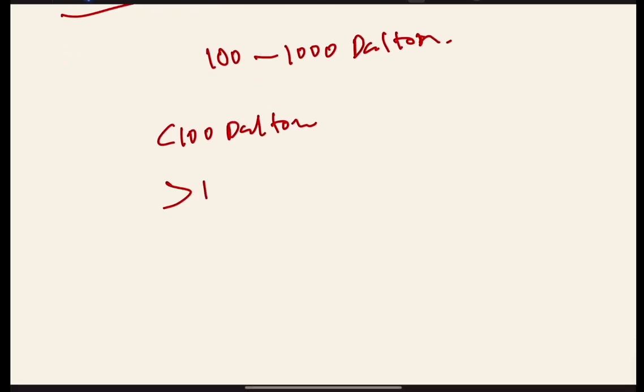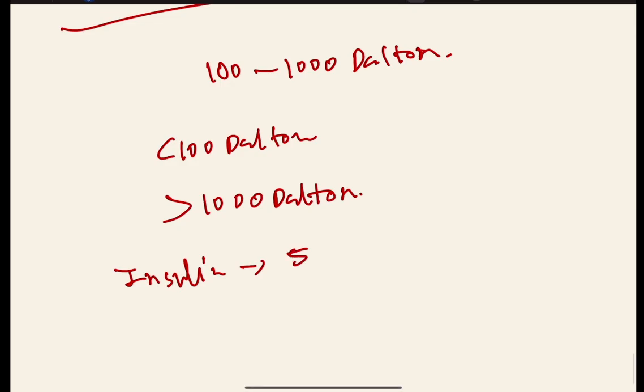And if the drugs are more than 1000 Dalton, then they can't easily cross the biological membrane. Like we have the drug called insulin. The insulin has a molecular weight of 5808 Dalton.